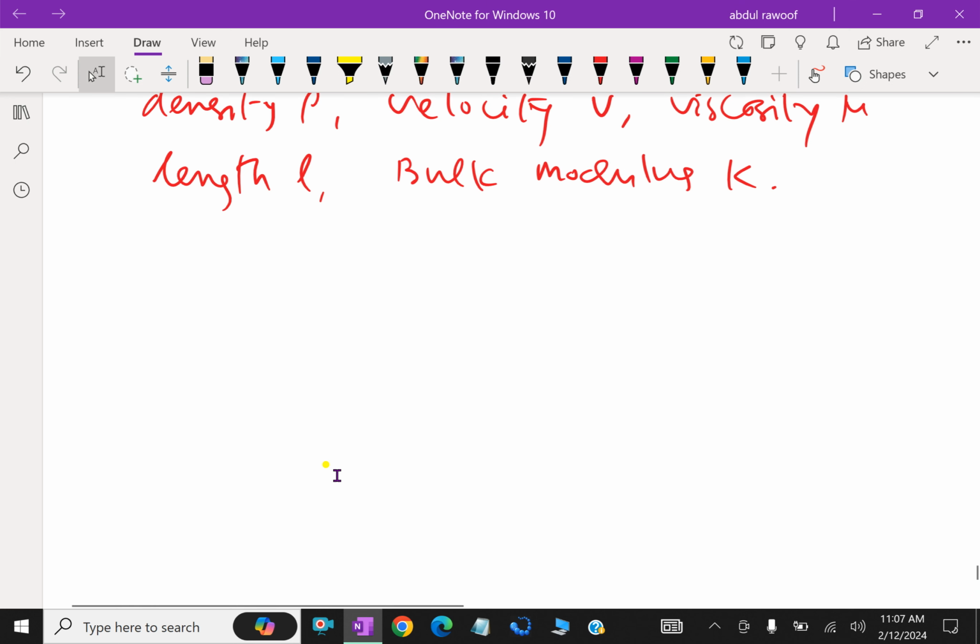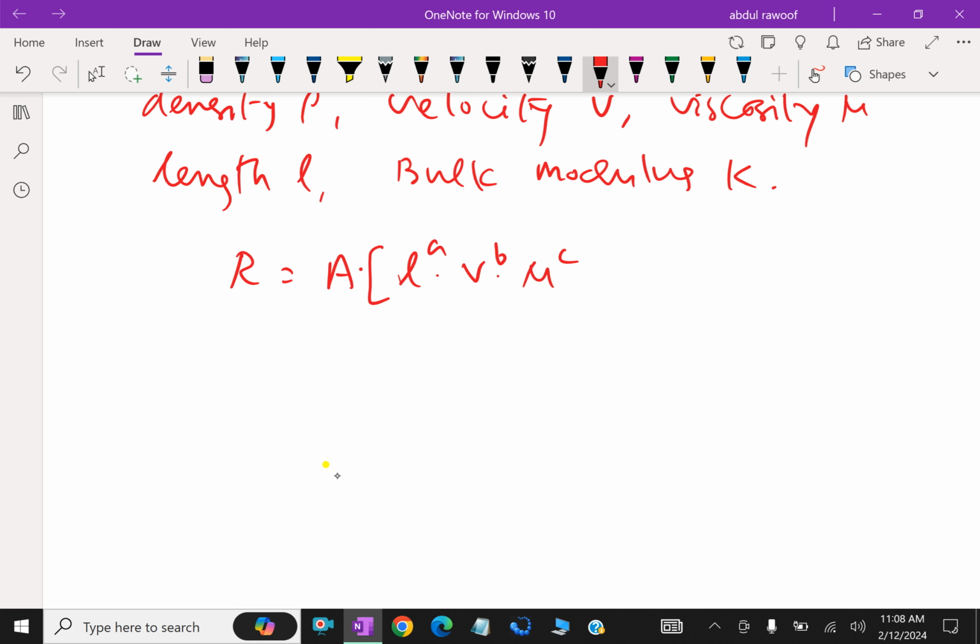Now we can write the functional relationship. Suppose resistance R is a function A of L power a, velocity V power b, mu power c, rho power d, and K power e.